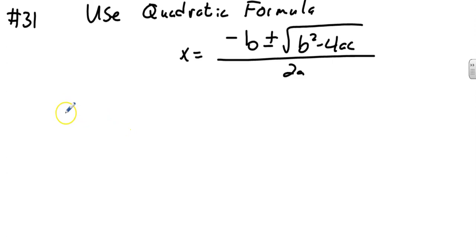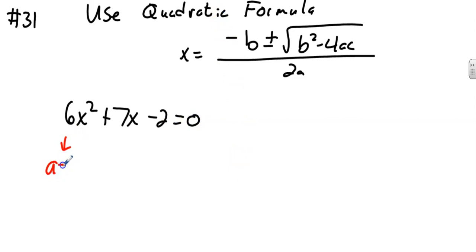And the problem they gave for number 31 was 6x squared plus 7x minus 2. There's your a value, there's your b value, and there's your c value.